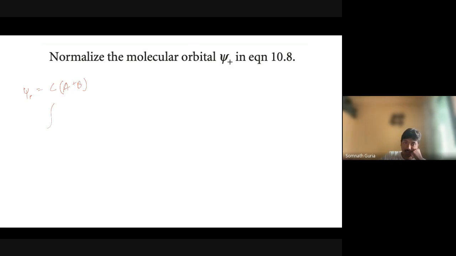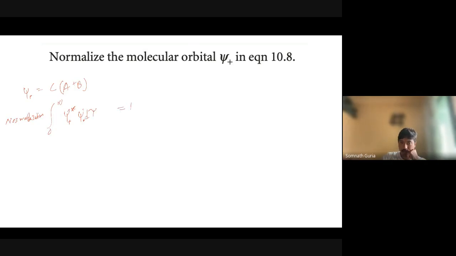Let's suppose we have the normalization integration from 0 to infinity of psi star plus times psi plus d tau.